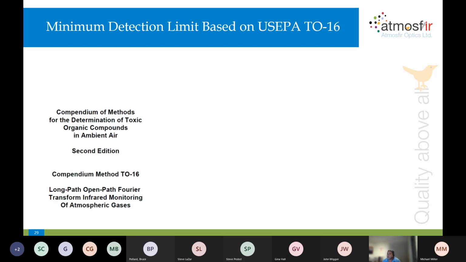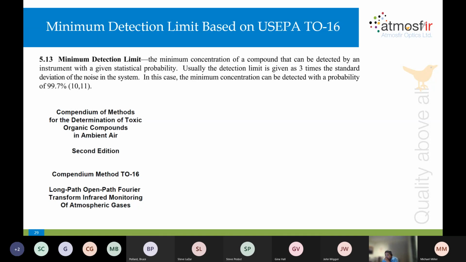We talk about the importance of the detection limit, and at least for the FTIR, there is an official method that says how you need to measure the detection limit. And the minimum detection limit, as written in EPA TO-16, is the minimum concentration of a compound that can be detected by an instrument with a given statistical probability.